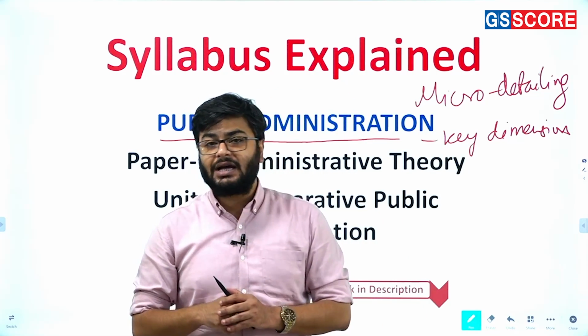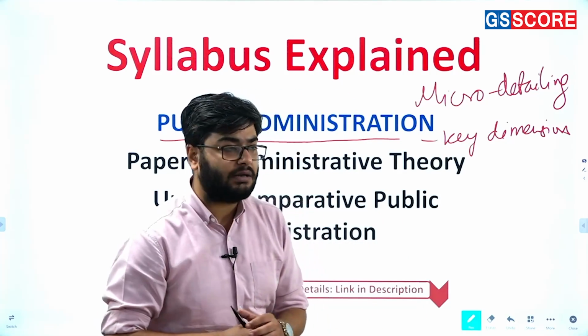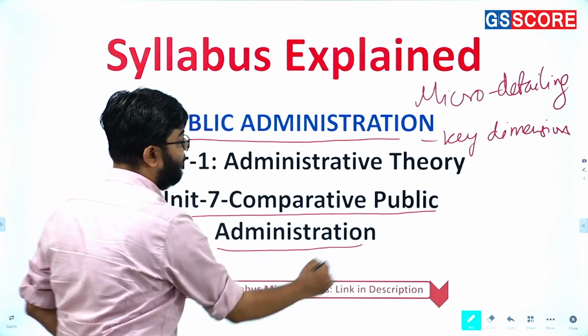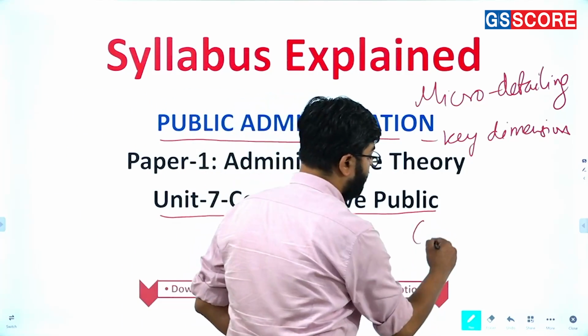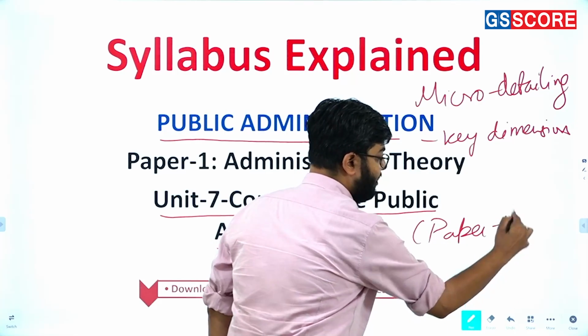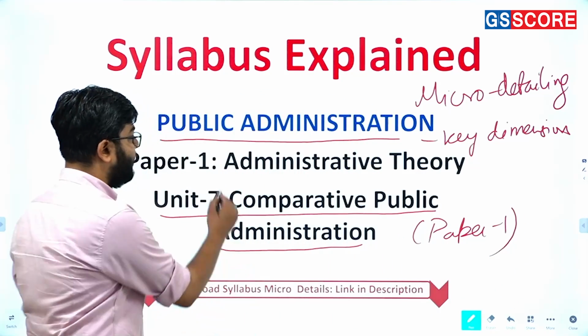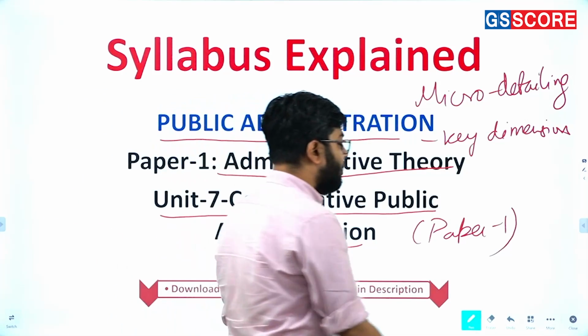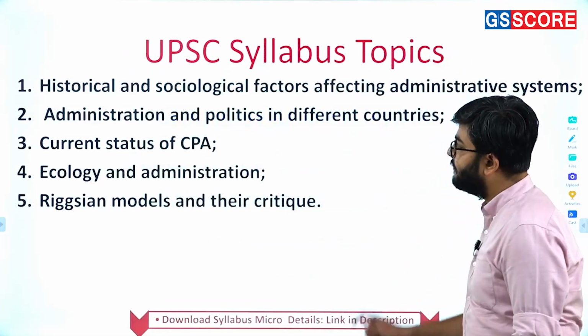So today, as part of Syllabus Explained, we are considering Unit-7, that is Comparative Public Administration, of Paper-1, that is Administrative Theory. So let us look at what UPSC gives us.